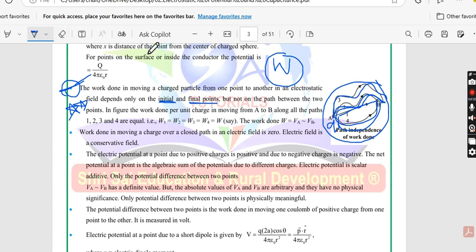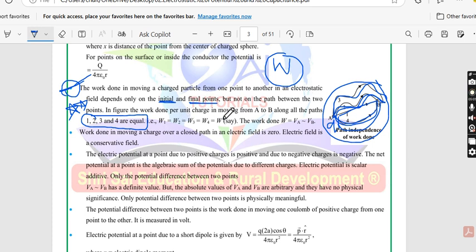Suppose the path between the 2 points will not be considered, but only the movement of that point charge from point A to B is considered, not the path. So in the figure, the work done per unit charge in moving from point A to point B along all the paths, suppose let us consider 1, 2, 3, 4, are equal.